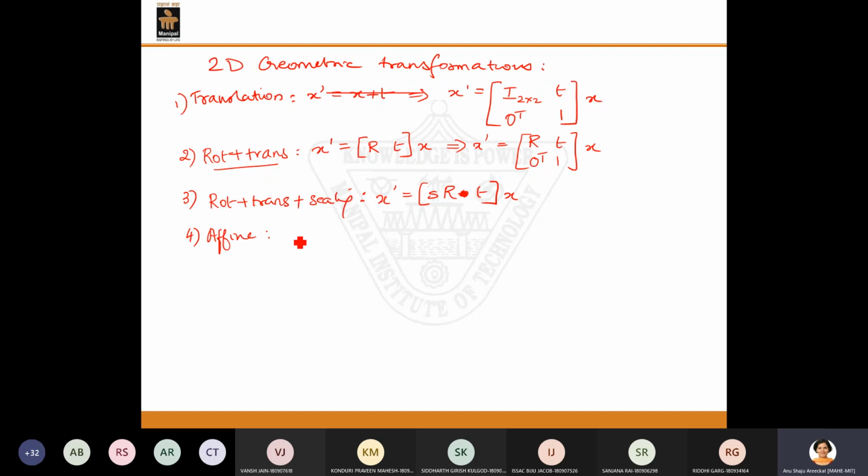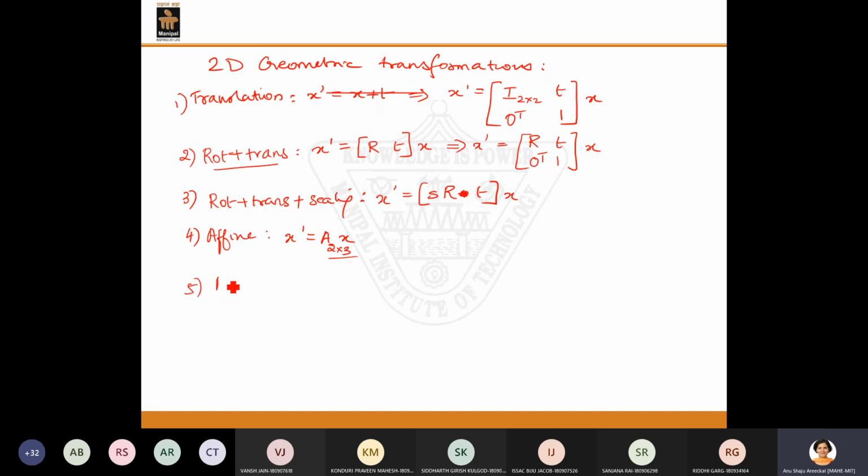The equation is x dash is equal to Ax, where A is a 2 cross 3 matrix in the homogeneous representation. You can take any arbitrary 2 cross 3 matrix as the affine transformation matrix.